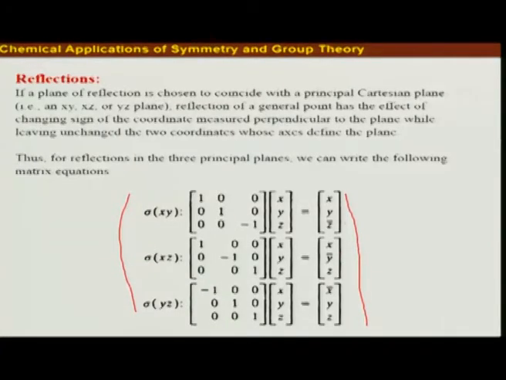So you can see the one-to-one correspondence between the position of this matrix element and the corresponding change here. Similarly, you have a change in sign here for the y, and accordingly your matrix will bear a negative sign for this particular element here. So it should not be very difficult for you to form any such matrices, and if you had to do it for more than 1 point, you should be equally able to do that.